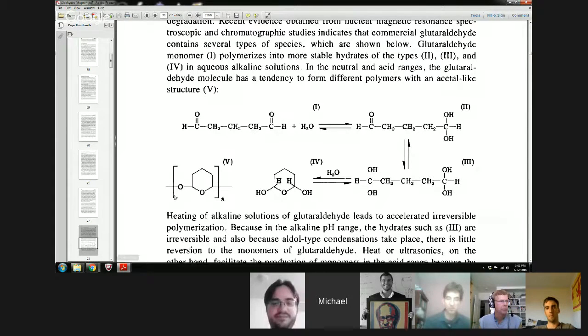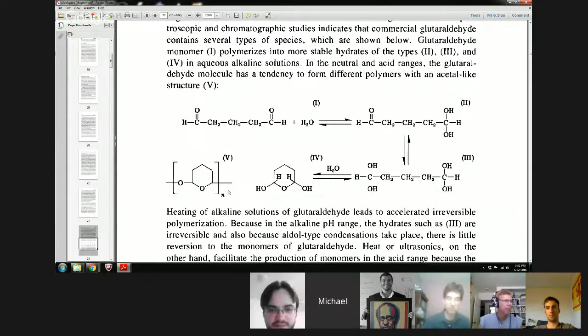Yeah. Okay. So let's get a little into the chemistry here. There are a couple of different options. This is just one version of how glutaraldehyde forms a polymer. The aldehyde reacts with the water, and you get a couple of hydroxyl groups, and then two molecules of glutaraldehyde join and form the ring structure, and then they can link up.